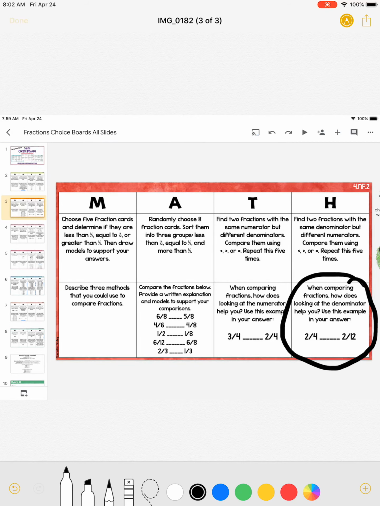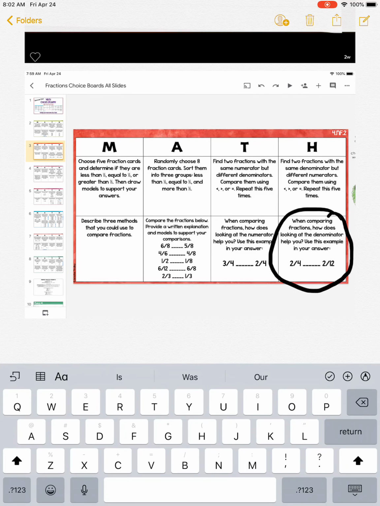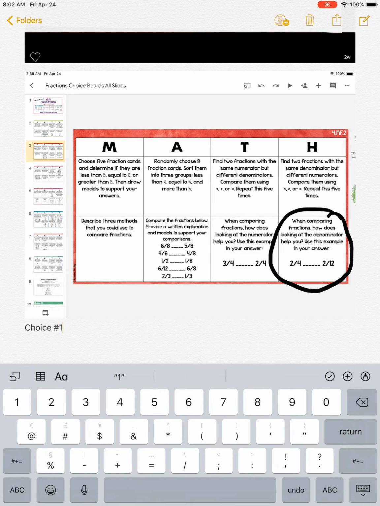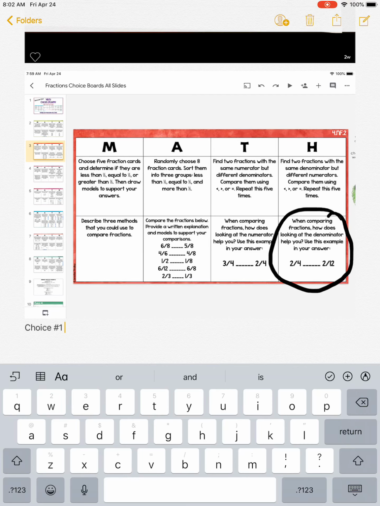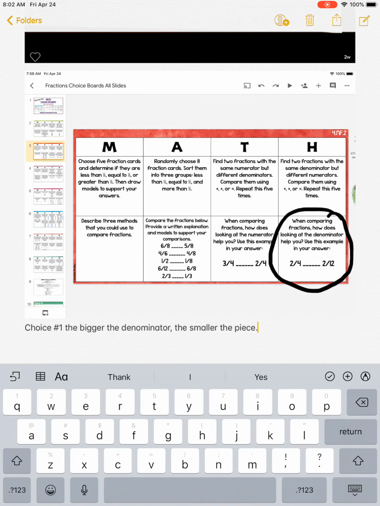So I could say something like, let's say choice 1, and then I'll type out and explain my answer. So I can say the bigger the denominator, the smaller the piece.